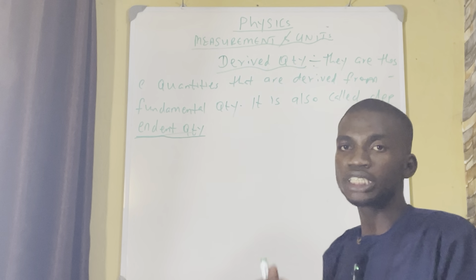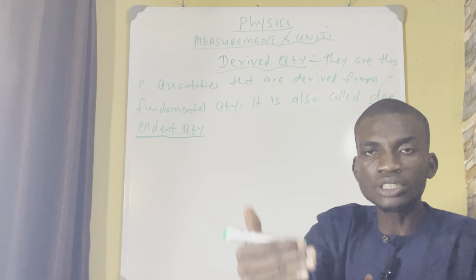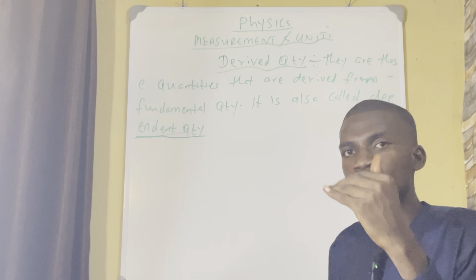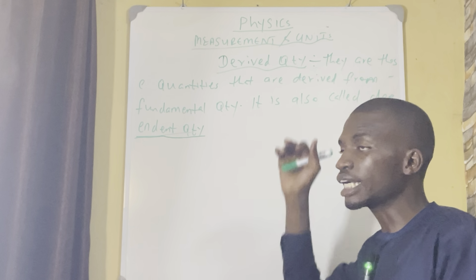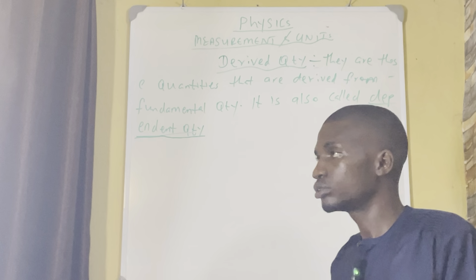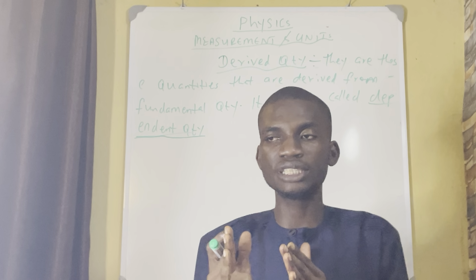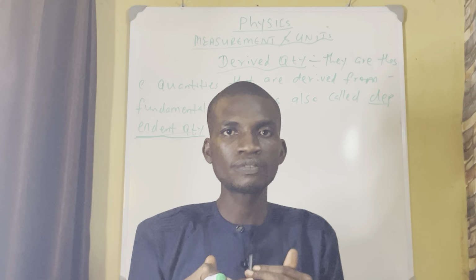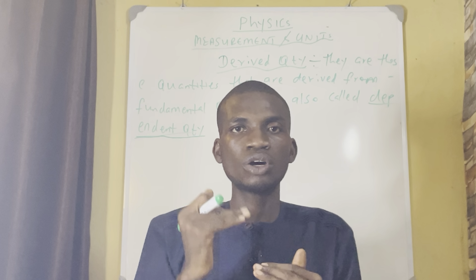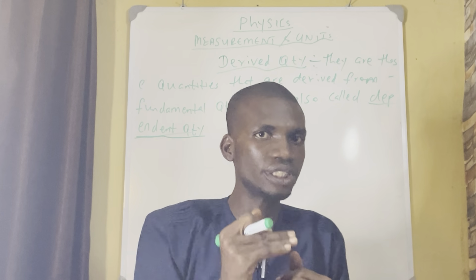Derived simply means to get something from fundamental quantities. They cannot stand on their own. Do you understand? When we talk about derived quantities, we're talking about quantities that depend on fundamental quantities.